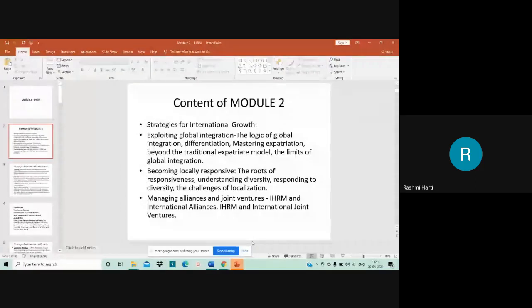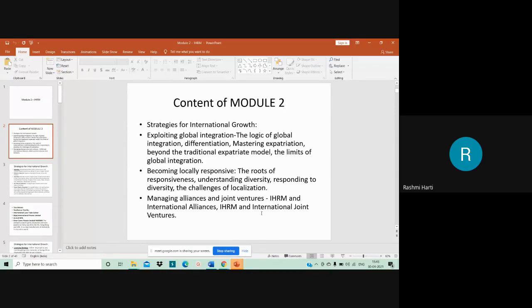Then the limits of global integration, and the five types of tensions put on expatriates, right?